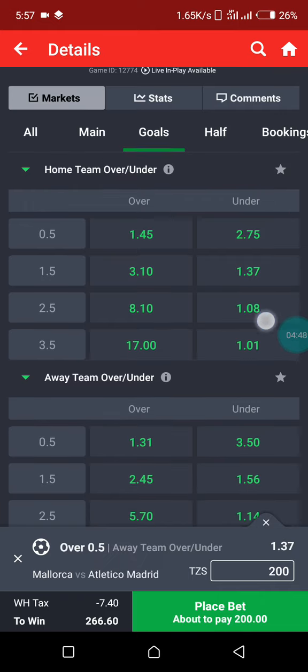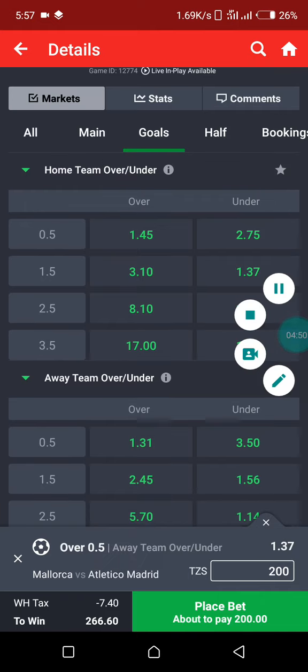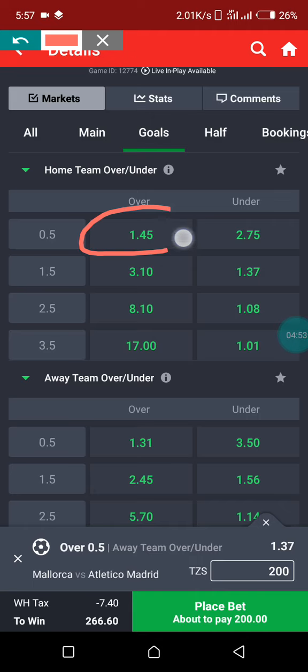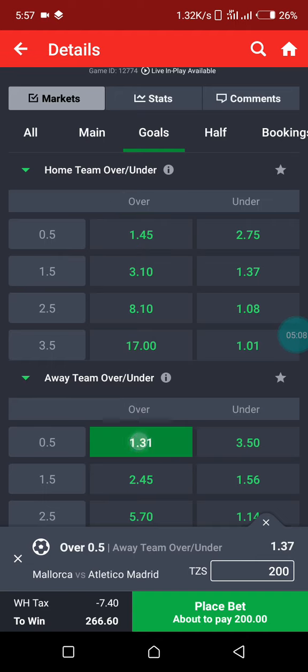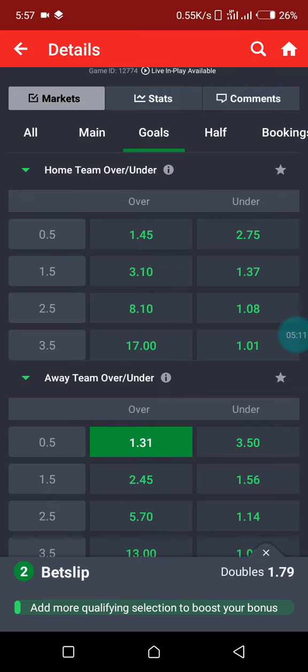Over 0.5, over 0.5. So here we are going to choose the lower odds between these two options. We are choosing this one, not this one. This strategy is very good and very powerful.